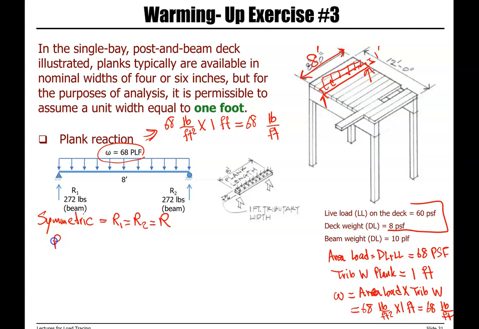So we can say here, since this is a simply supported beam and it's symmetric, the reactions are equal to each other, and they're equal to load times length divided by 2, which gives us 272 pounds. That's 68 pounds per foot times total length divided by 2.